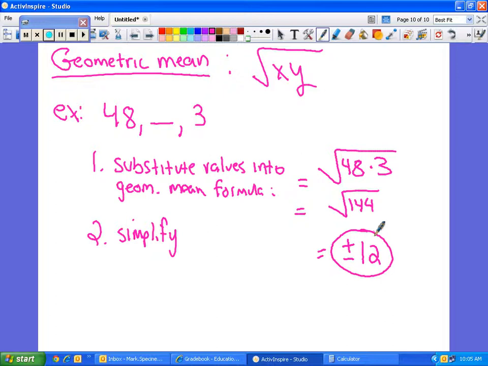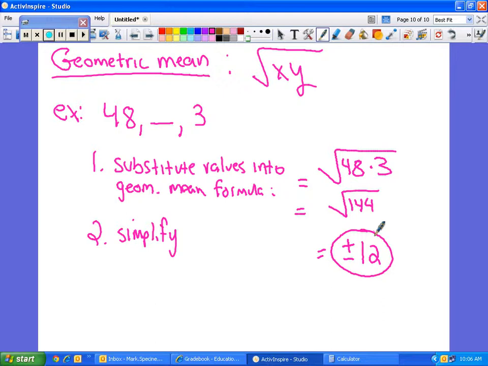Now, if on a quiz you don't put plus or minus, you're only getting half credit because we don't have enough information to know whether this is a positive value or a negative value. The question doesn't ask what is the geometric mean, it actually asks what are the possible values of the geometric mean.